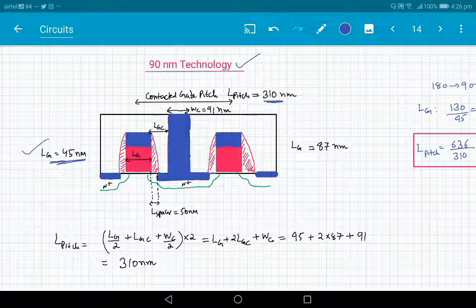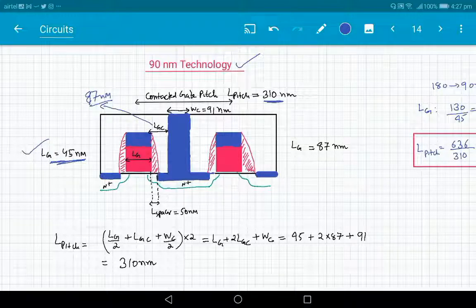And this LGC here, gate to contact, right? So the edge of the gate contact and the edge of the source drain contact here, that is close to 87 nanometer, close to 90 nanometer here.